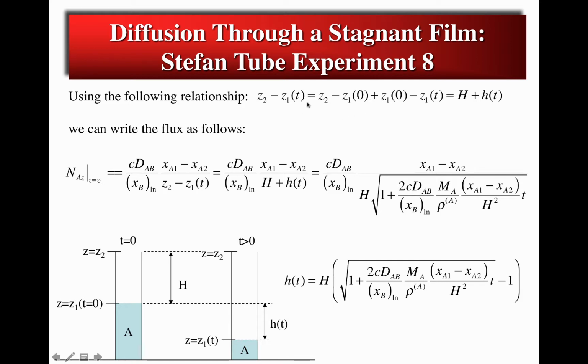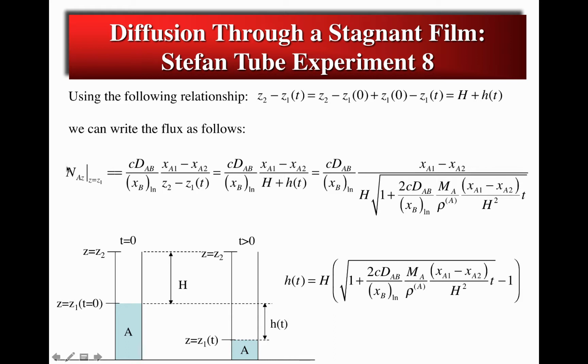This is capital H, and then this piece is lowercase h of T. And so we will replace in our flux expression Z2 minus Z1 at T with capital H plus lowercase h of T, because this is what we're going to measure experimentally, the change in the height of the liquid as a function of time.